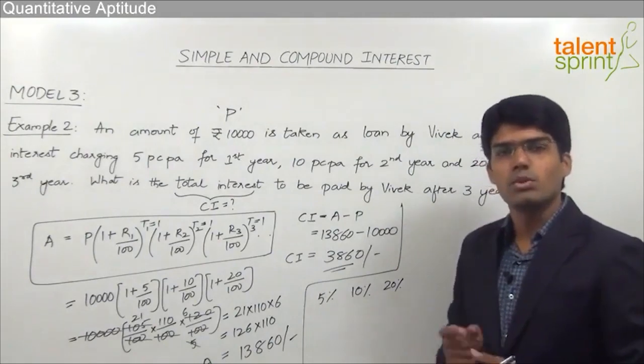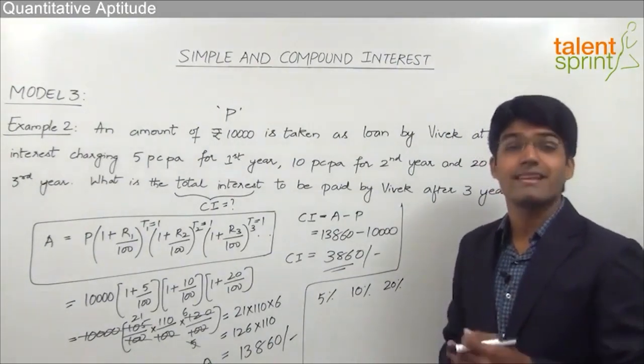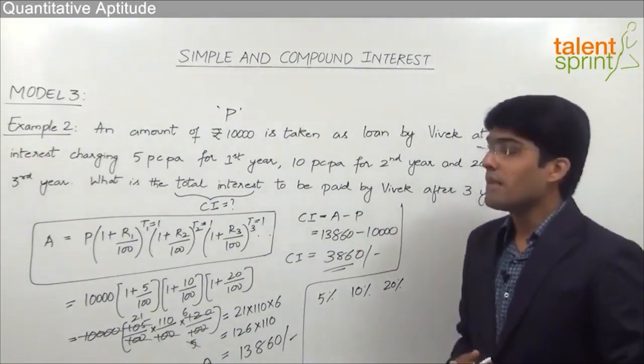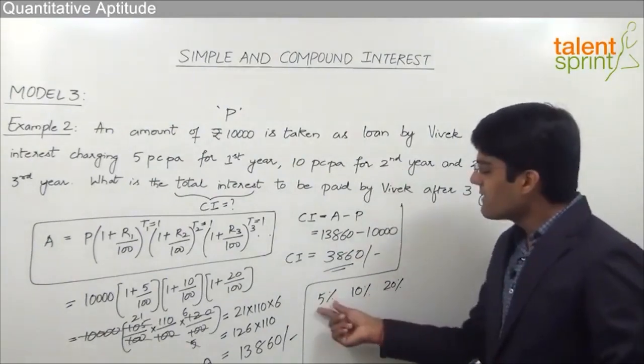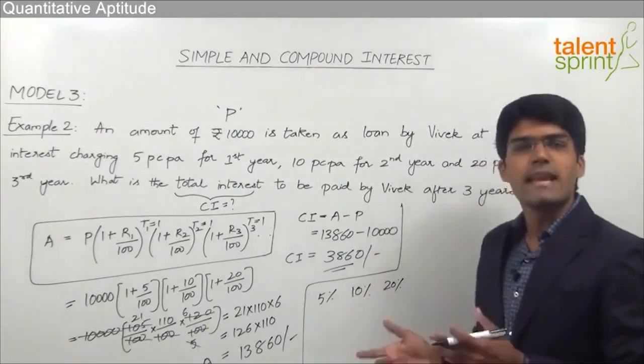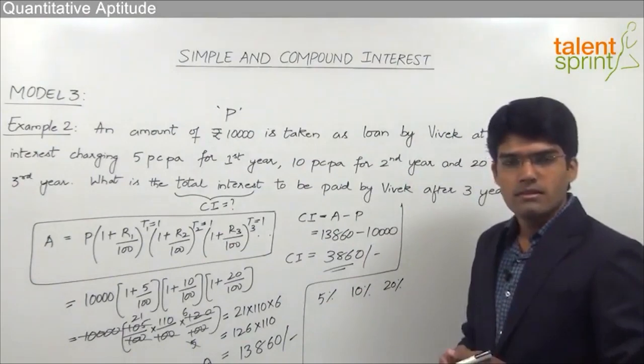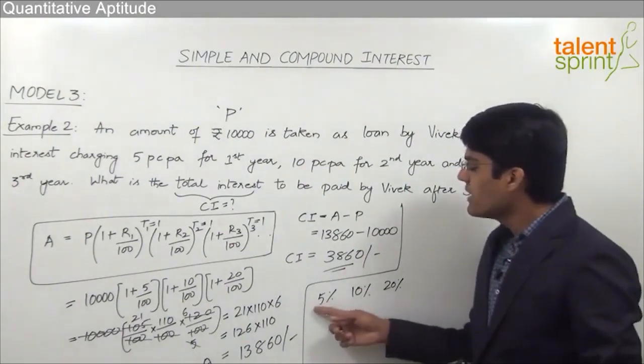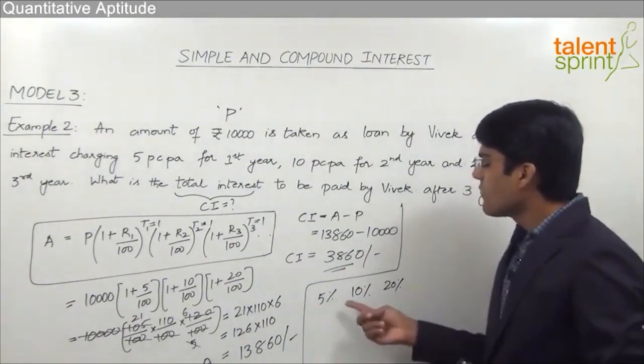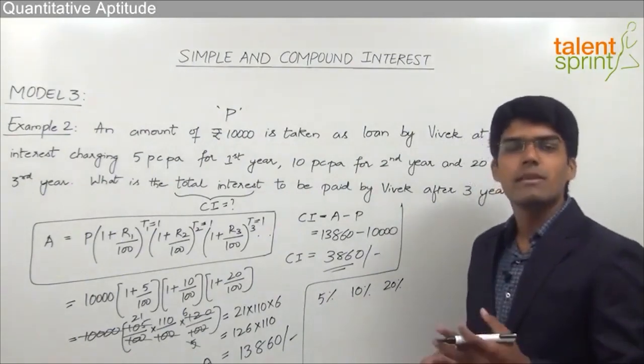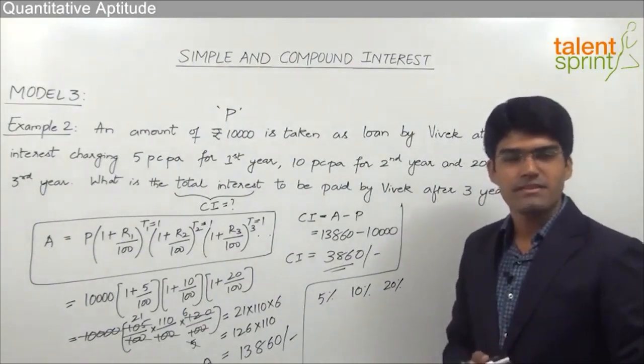But in model number 2, A and B were equal since the rate of interest was fixed. But as in this case, the rate of interest is varying from year to year, A and B will be different from each other. So what we need to do here is find out the net or effective percentage for these three percentages, and that will be equal to the compound interest in terms of percentage.